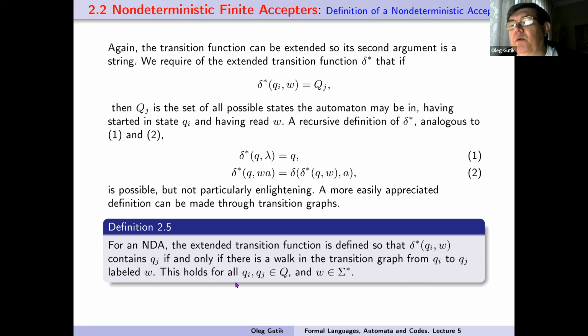This holds for all states Q_i, Q_j from the set of states Q and all strings w generated by the alphabet sigma, including the empty word.